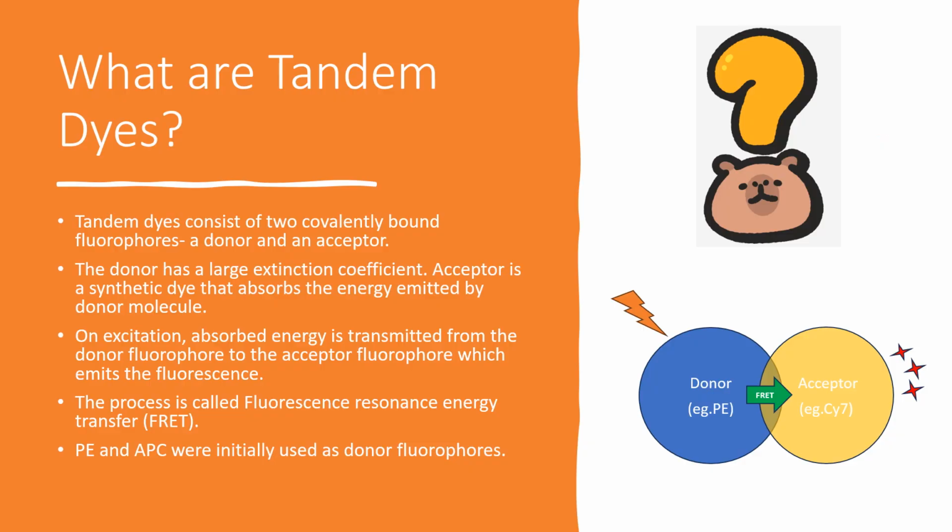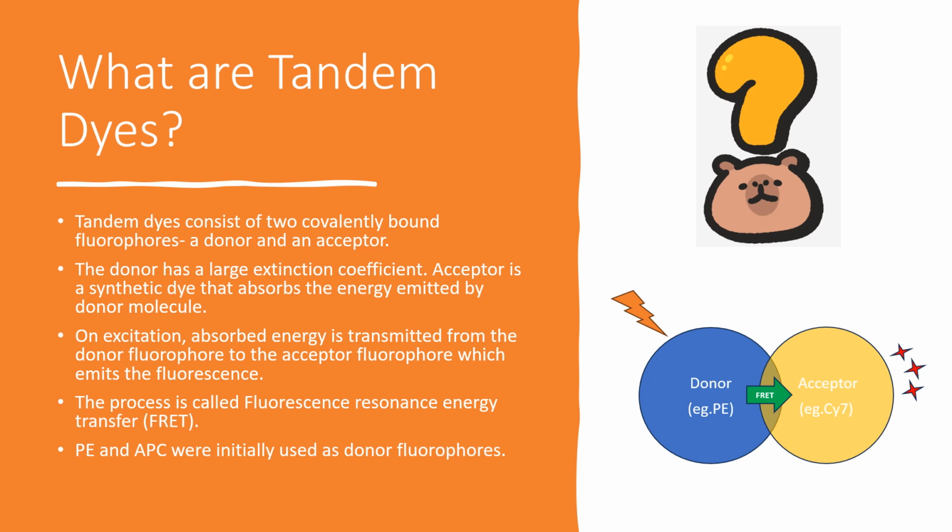What are tandem dyes? Tandem dyes consist of two covalently bound fluorophores. One acts as a donor molecule and the other acts as an acceptor. When excited by the laser beam, the donor will transfer the absorbed energy to the acceptor, which will then emit the fluorescence. This process of transferring energy from the donor to acceptor is called fluorescence resonance energy transfer, also called FRET.